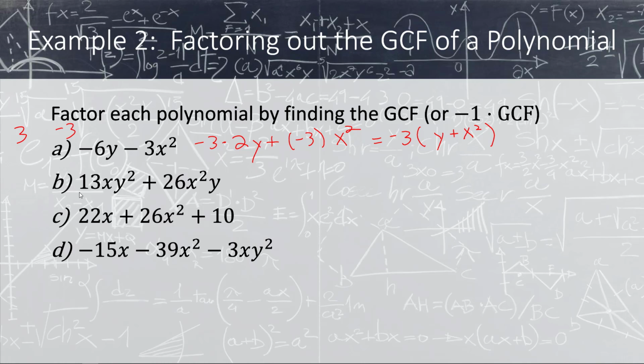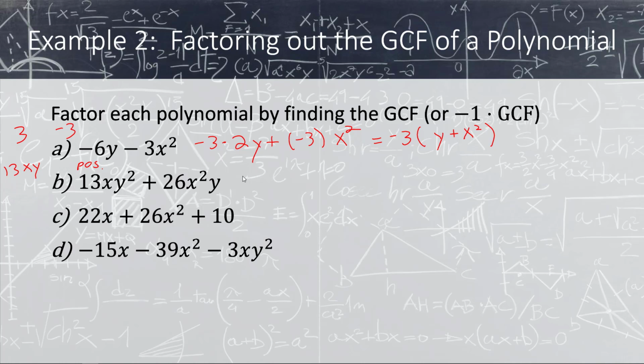Okay, now for the greatest common factor here, we have 13, and we have an x and a y here, so it will be 13xy. Notice here that our leading coefficient is not negative. This happens to be positive, so we do not need to look at the negative of the greatest common factor.